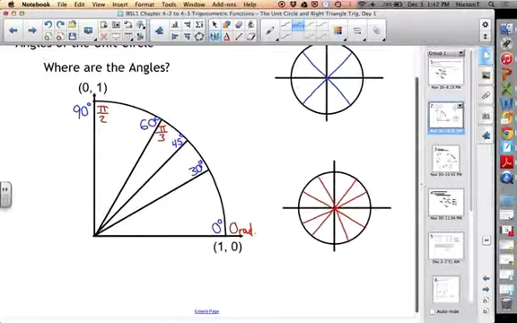Well, this one is pi over 4, because 180 divided by 4 is 45.